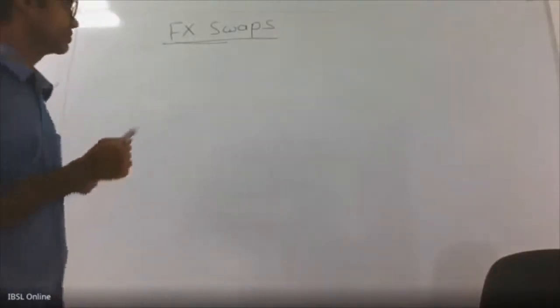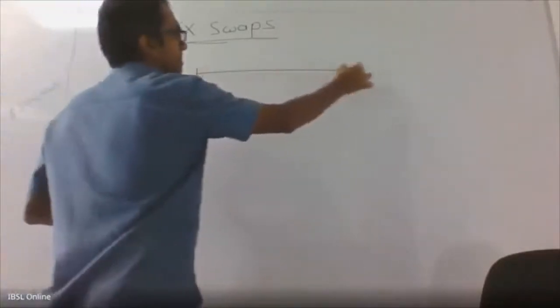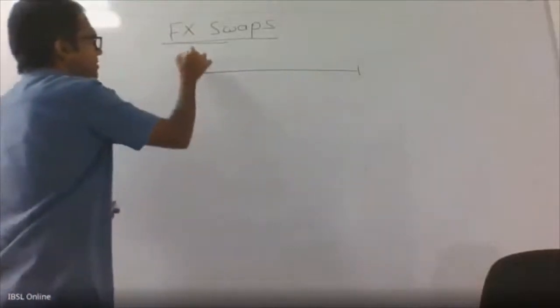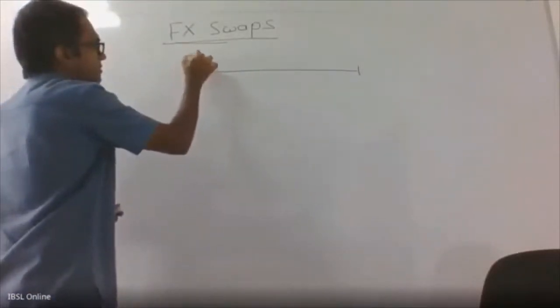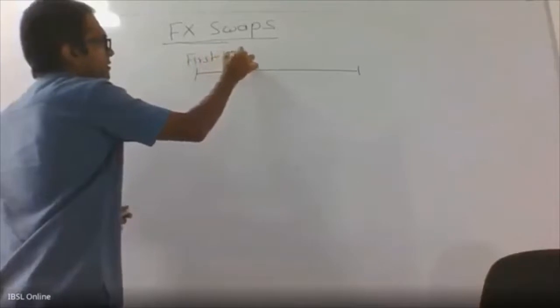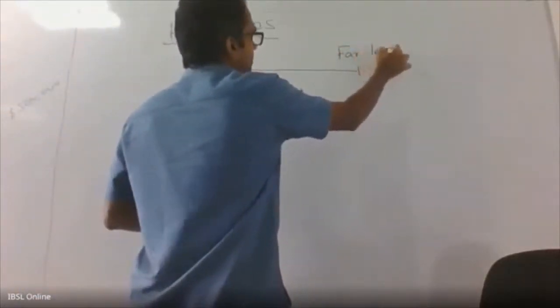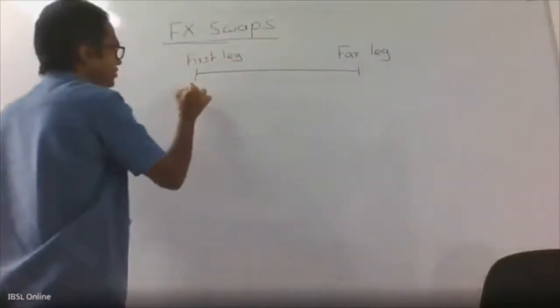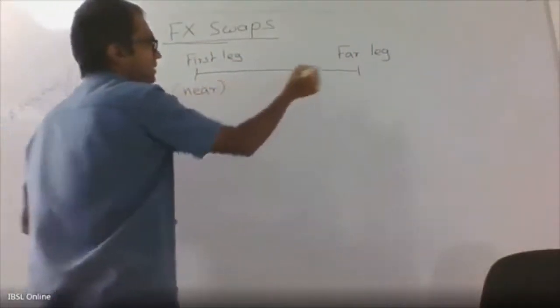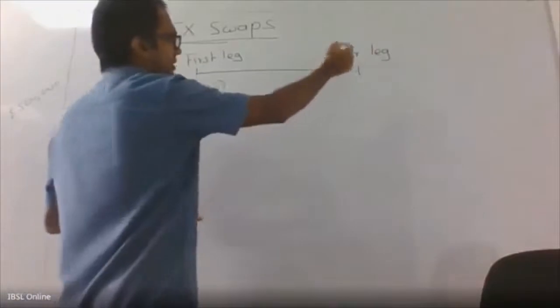What is an FX swap? There are two settlement dates. First leg and second leg. The first leg we also call the near leg, and the far leg for the second leg.